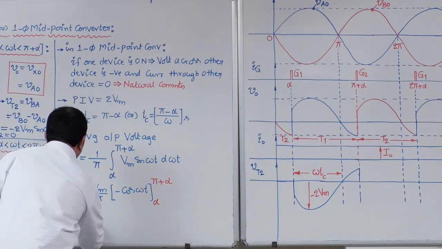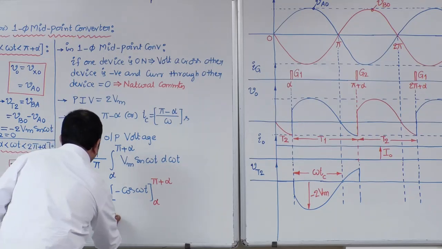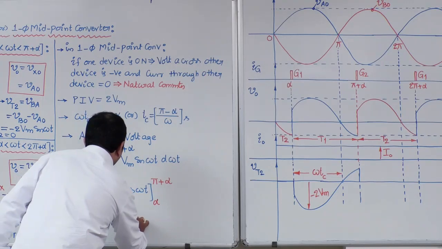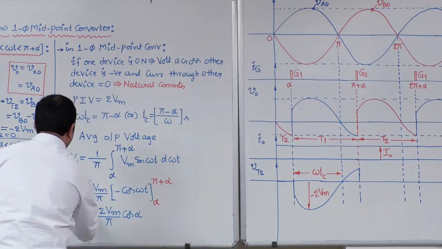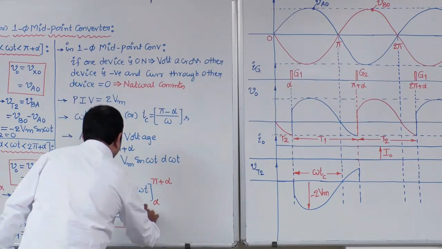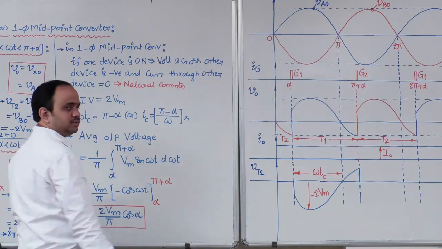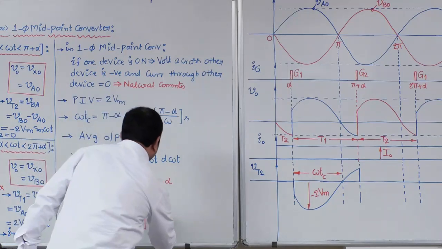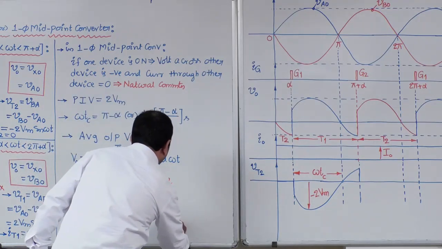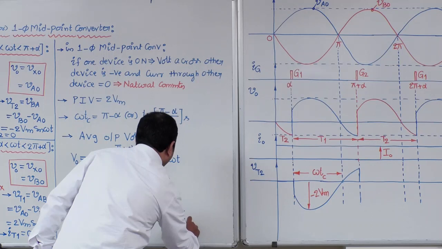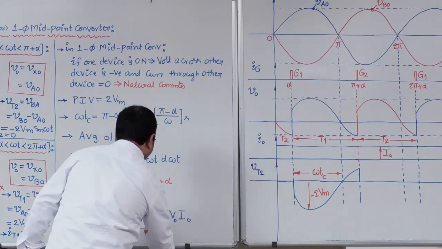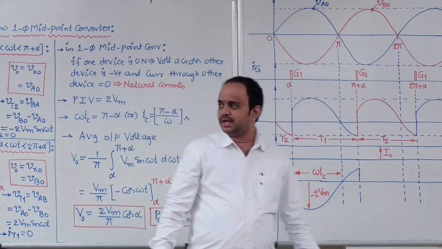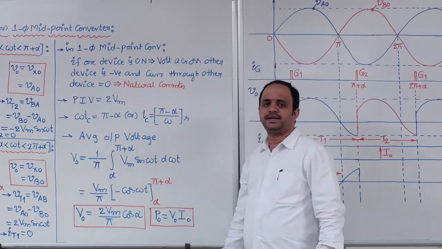By simplifying this we get V0 equal to 2Vm by pi cos alpha. After that, power delivered to the load is equal to V0 multiplied by I0. So this is the single phase midpoint converter analysis.